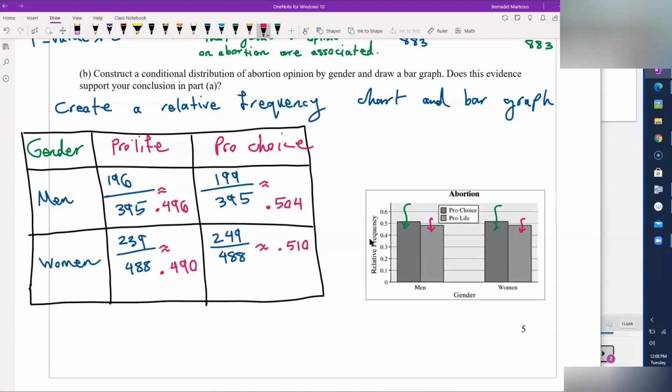So for pro-life, for men, we have 0.496, so this point is 0.496. And for women, we have 0.49. Okay, it's very close.